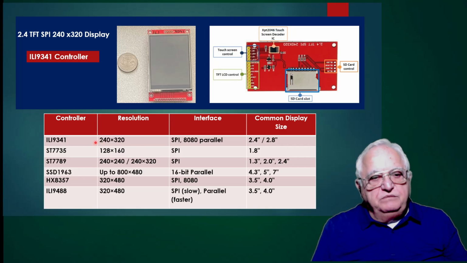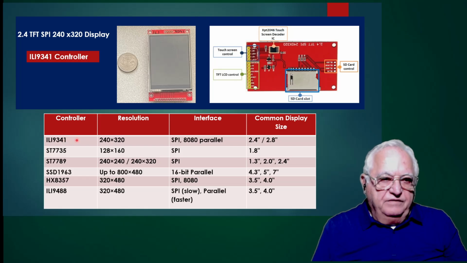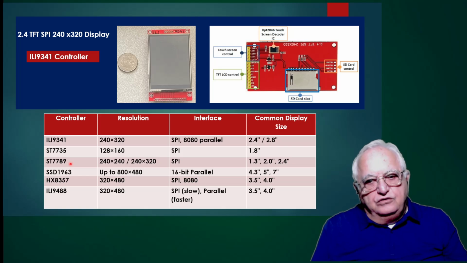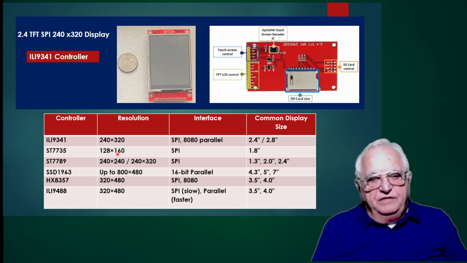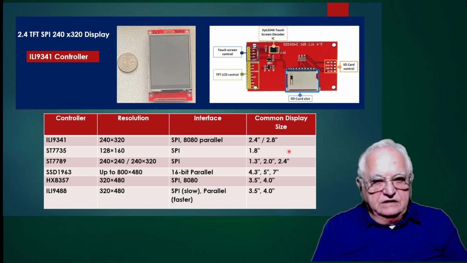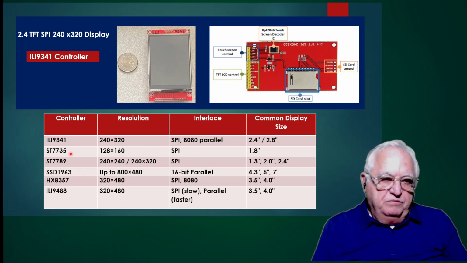If your size is between 240 and 320 of resolution, then it can have this controller or this other controller. So you reduce the number of controllers that you could have to 2, and you can test it to see which one it is. If you have a 128 by 160, 1.8 inch display, then probably your controller is this one, the ST7735.